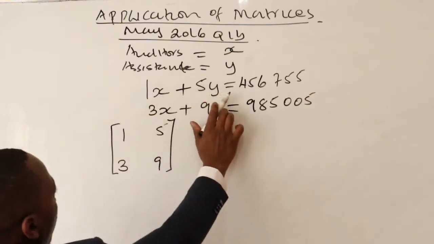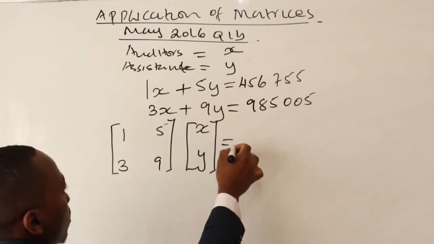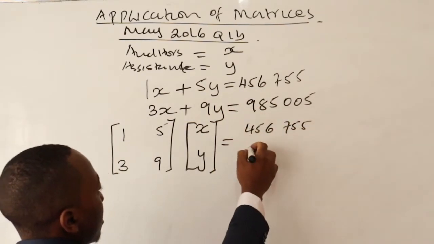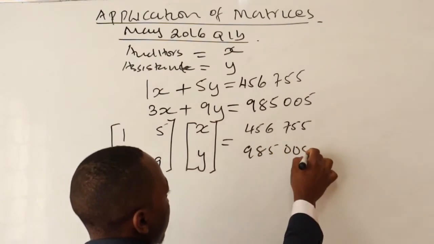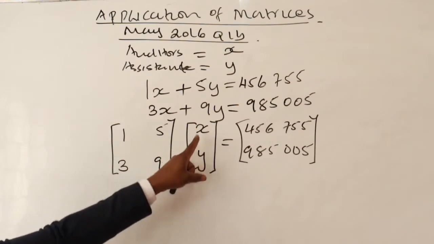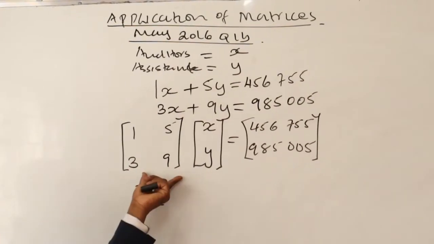Then we have x, y is equal to 456,755 and 985,005. To get x and y, we divide both sides by this matrix.